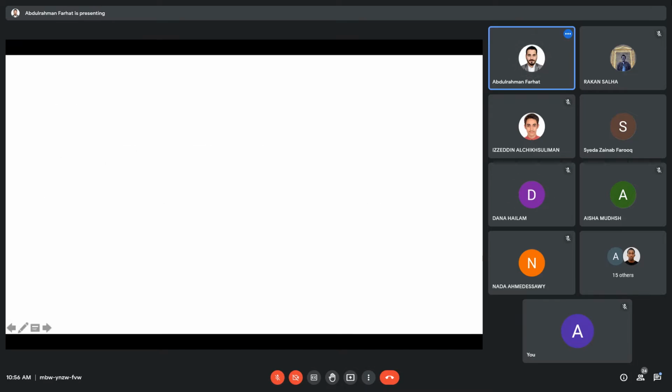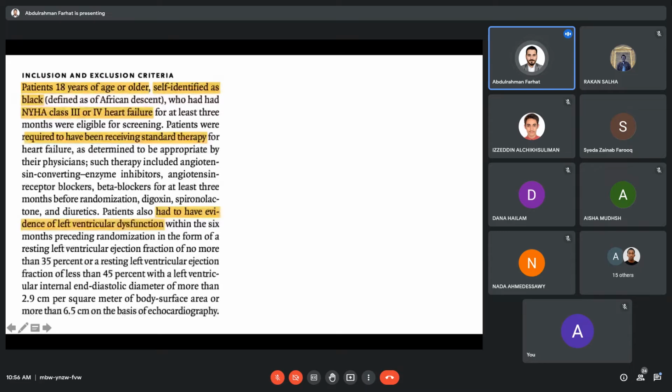If I ask you what the inclusion criteria in the study are, you have it in front of you, so please read them out loud for us. Patients who are 18 years of age or older, self-identified as Black, of African descent, with NYHA class 3 or 4 heart failure for at least 3 months, eligible for screening.